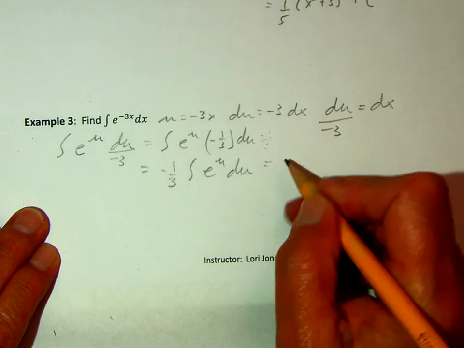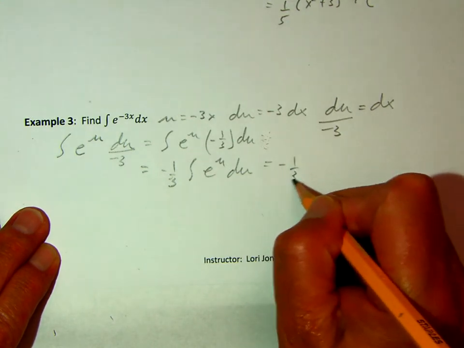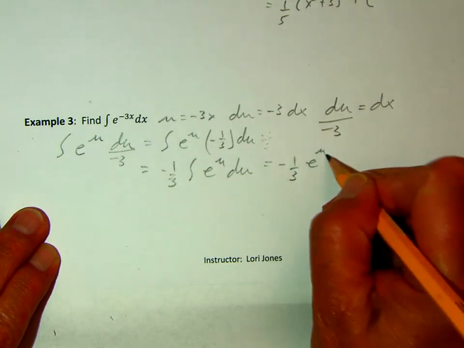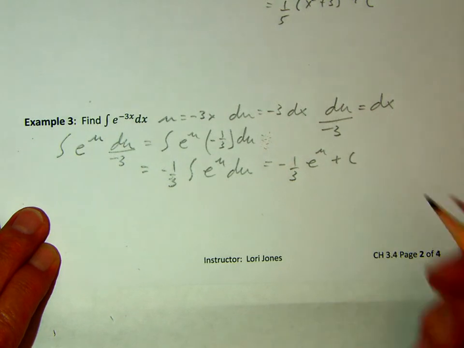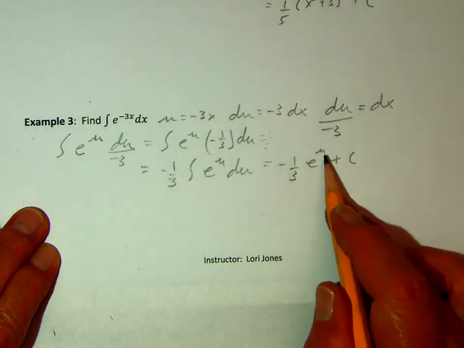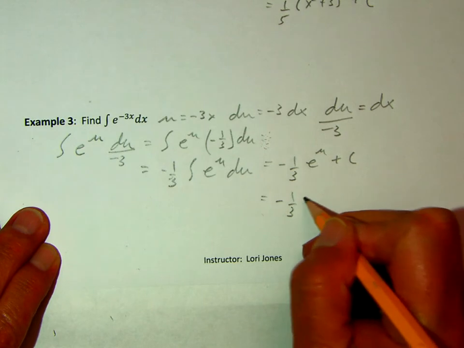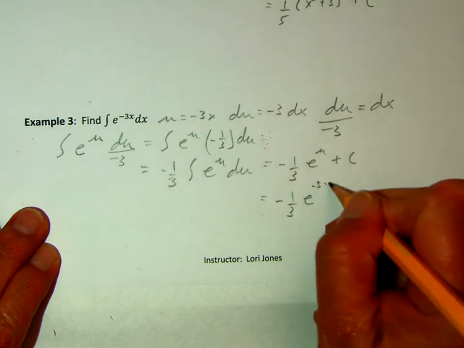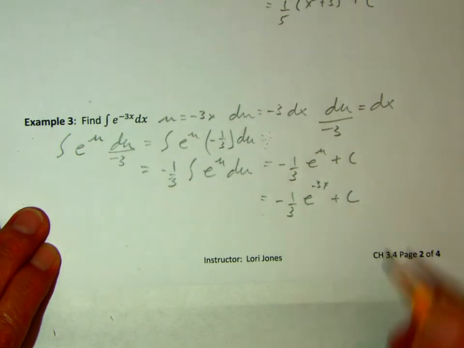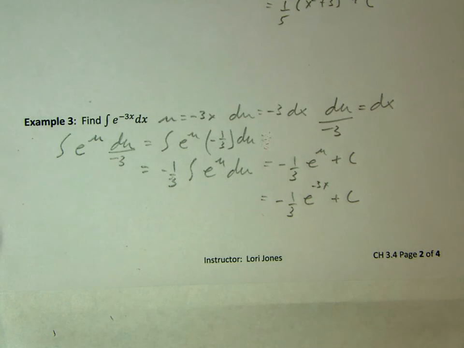So that would be negative 1/3 e to the u plus c. Now sub back in for u, and we've got negative 1/3 e to the negative 3x plus c. And we're done.